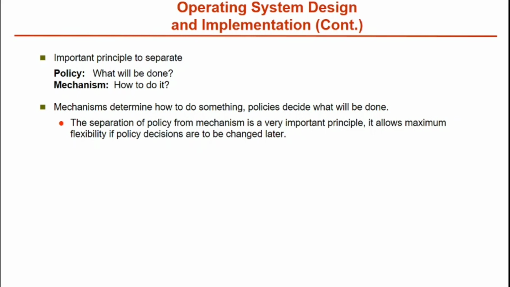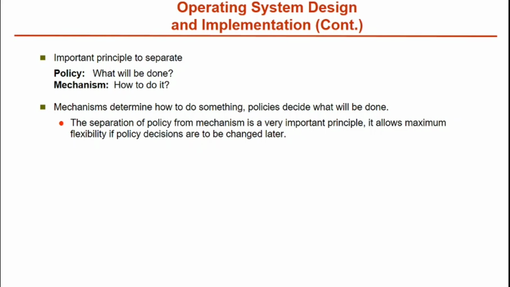So the main policy is what will be done. It is important to be flexible, because policies are likely to change across places and over time. In the worst case, a change in policy would require a change in mechanism also. If you change the policy, the mechanism will also change.